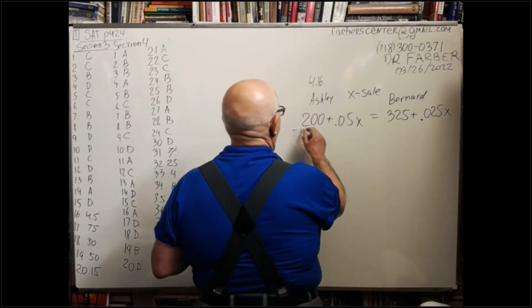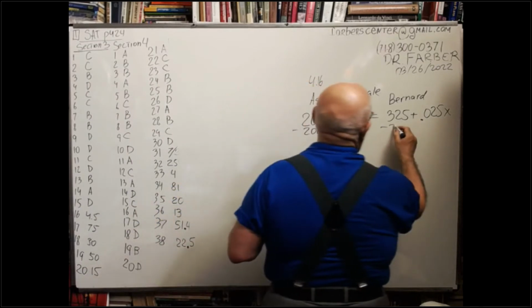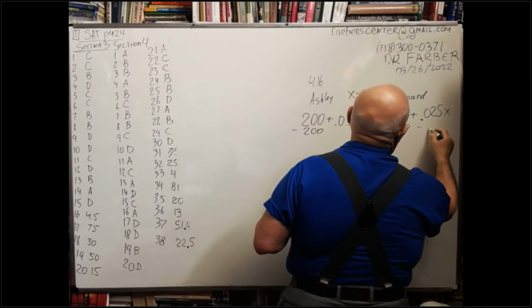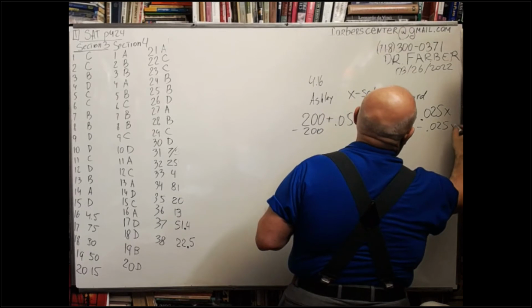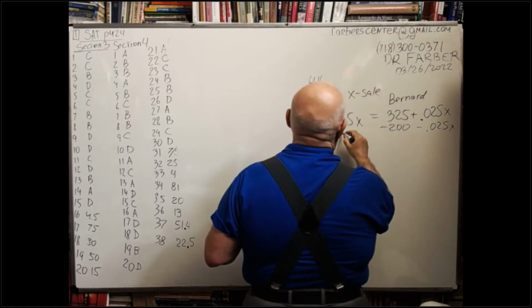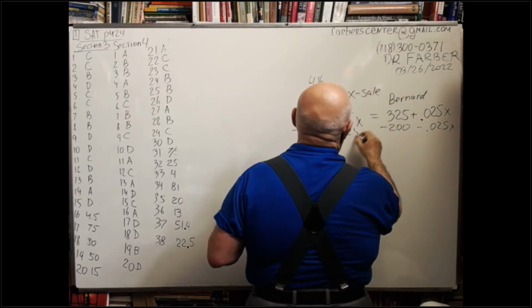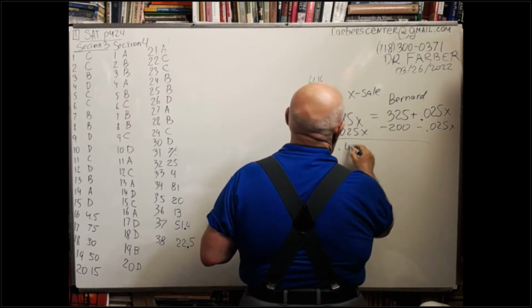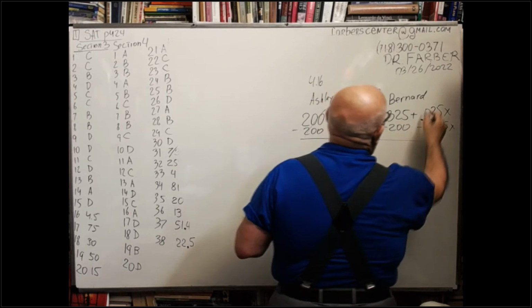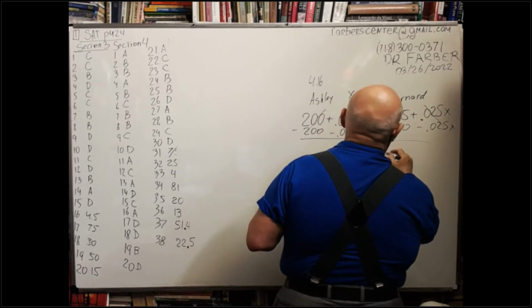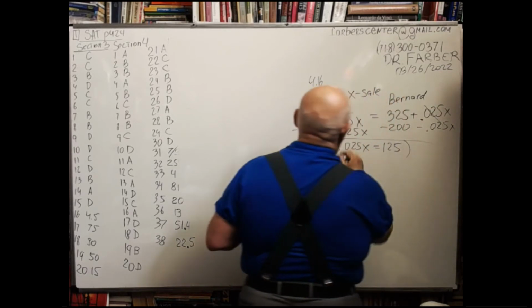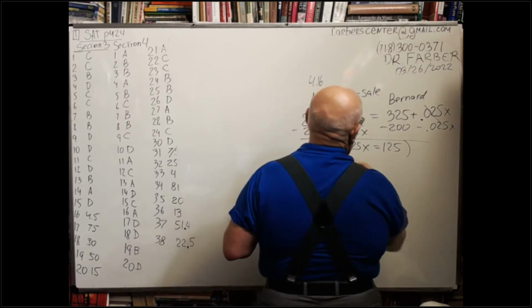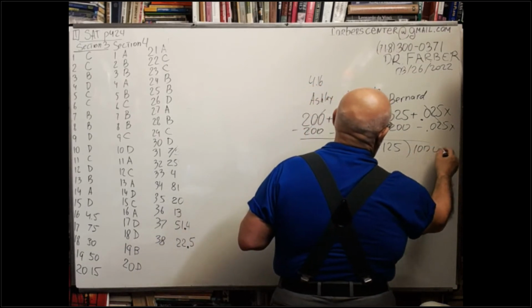How to solve? Minus 200 and minus 200, minus 0.025x and minus 0.025x. They cancel out. You have 0.025x equals 125. Multiply by 1000 to get rid of the decimals.